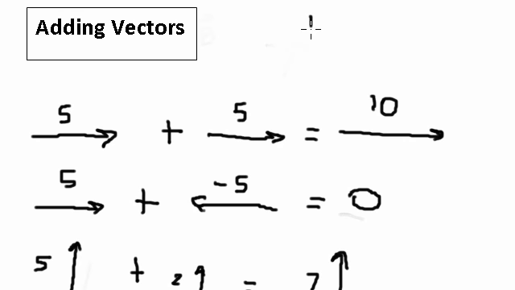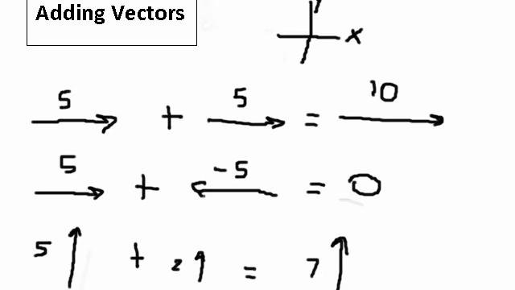Okay, so we have a coordinate plane. This is the y direction, and this is the x direction. And the y direction going up is positive, and the y direction going down is negative. The x direction going to the right is positive, and going to the left is negative. So that's what's going on in these examples.